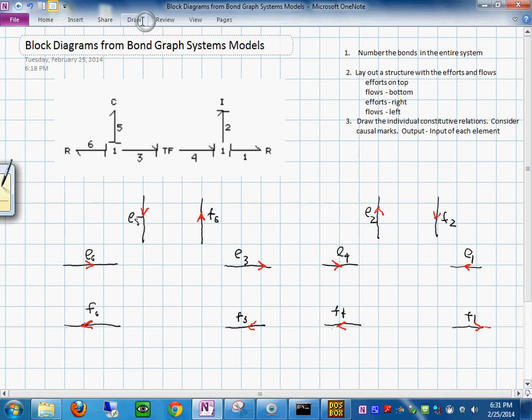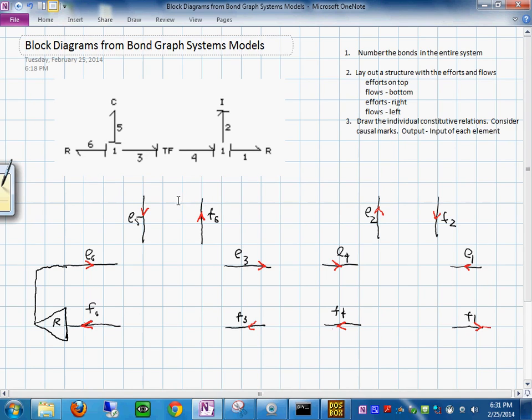So build the constitutive relationships right now. In this case, this comes into a gain like this, R, and you produce E. See, so this is the constitutive relationship of this one. In this particular case, it is integral form.